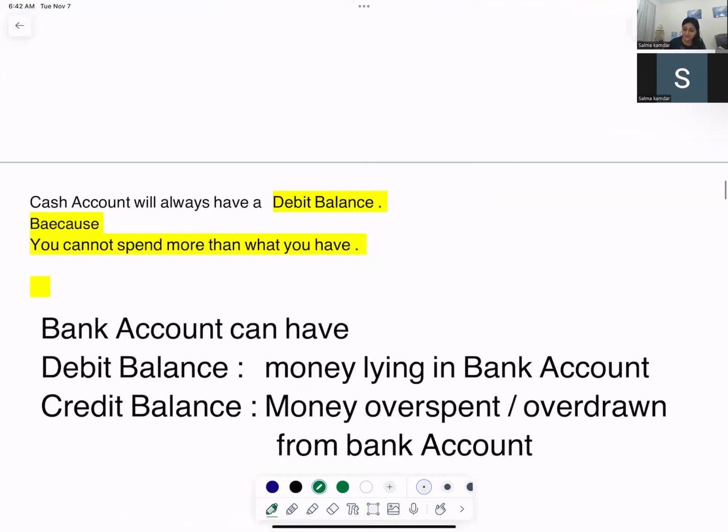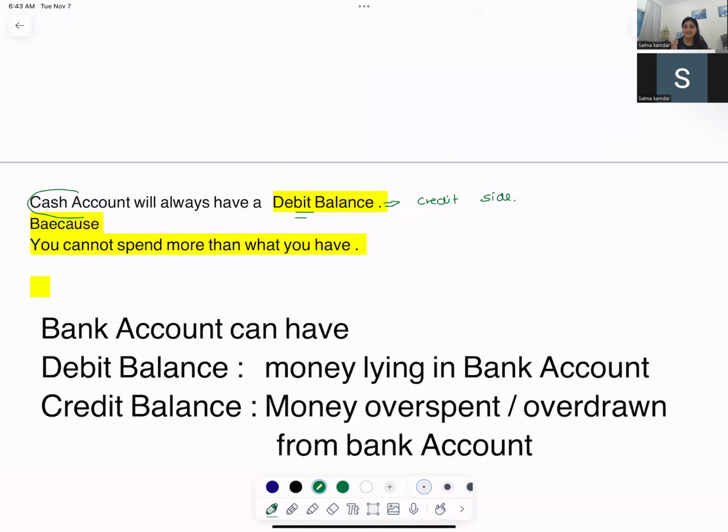You should always remember that a cash account will always have a debit balance. Debit balance means something that you have, and a closing debit balance would always appear on the credit side because there is a rule that the closing balance comes on the opposite side. Cash account will always have a debit balance because you cannot spend more money than what you have.